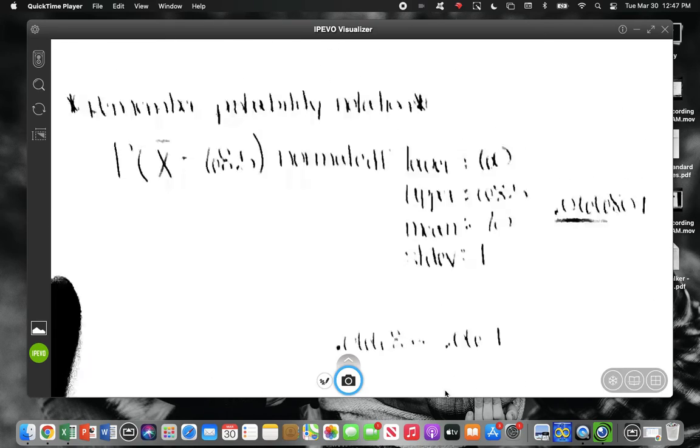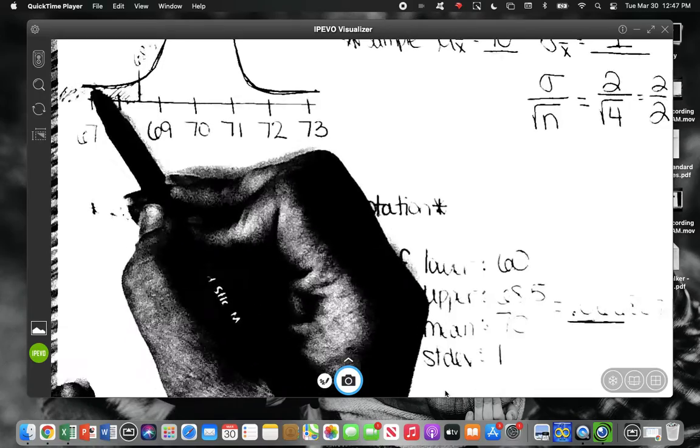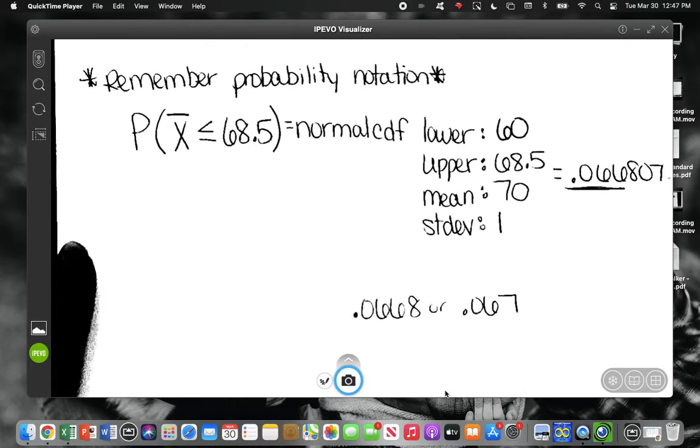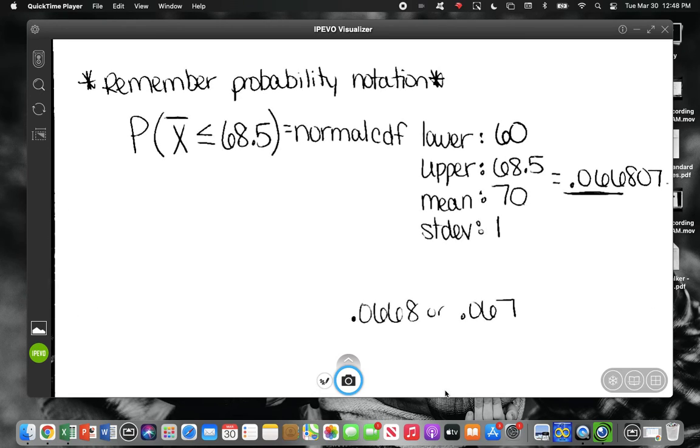And does it make sense if we're only shading a little bit of this tail that the probability is only about 6%? The bigger the area you're shading, the bigger your probability is going to be. Big chunks in the middle are going to have a bigger answer. Do you guys have any questions on that one?